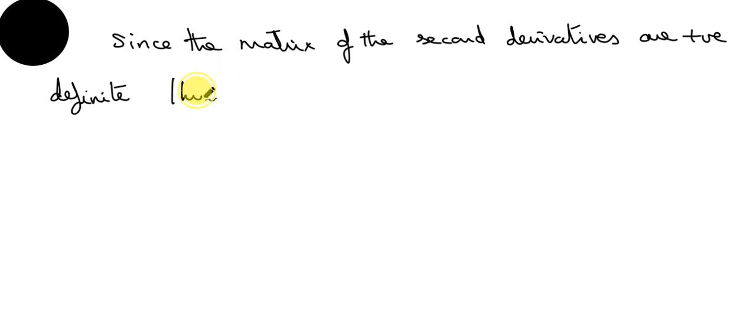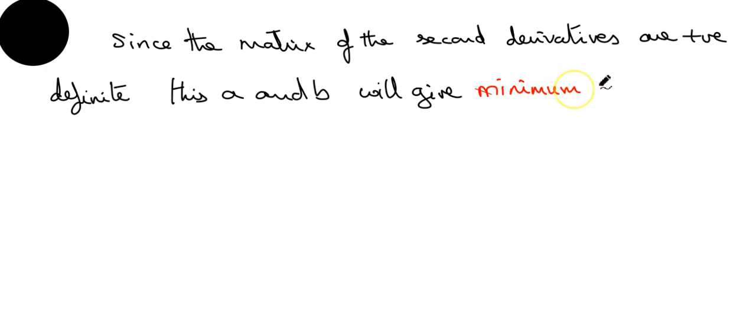This a which we have computed and b which we have computed will give the minimum square error, which is our first objective.